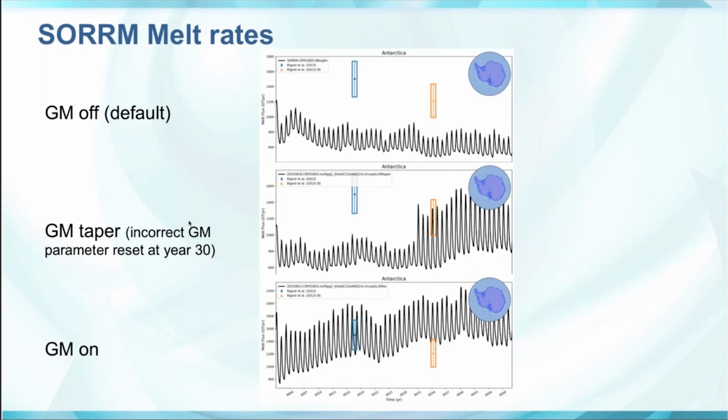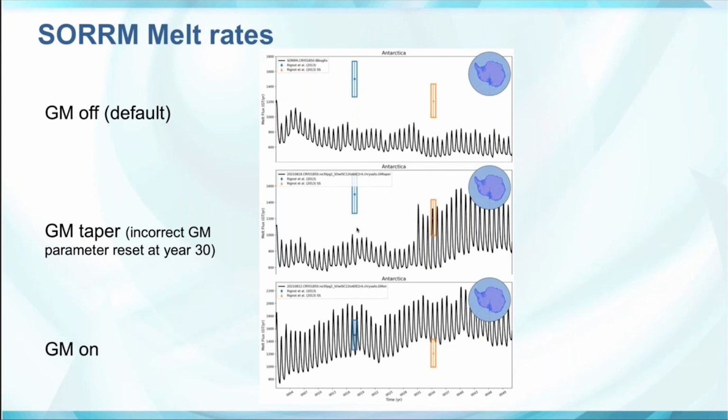And finally, just to show the impacts on the total Antarctic ice shelf melt time series. As we saw before, the default configuration is far too low. With GM on, it is higher, but you can start to see the beginning of this increase that we were seeing in the low resolution behavior.